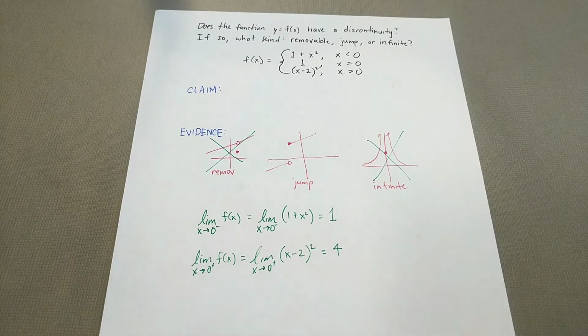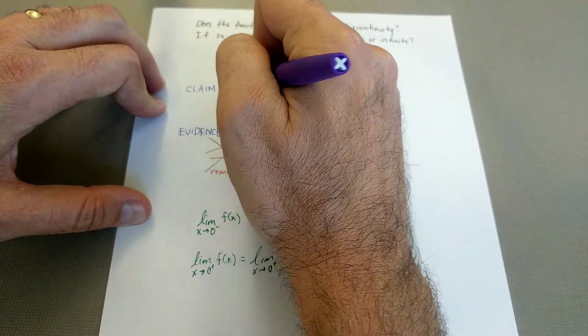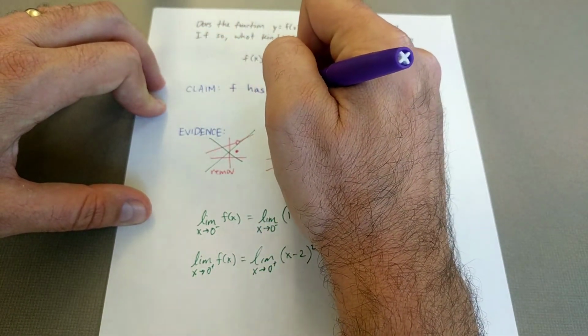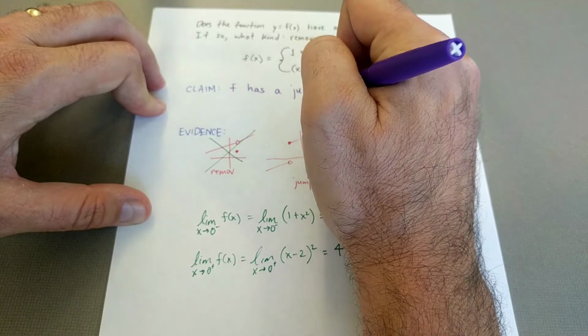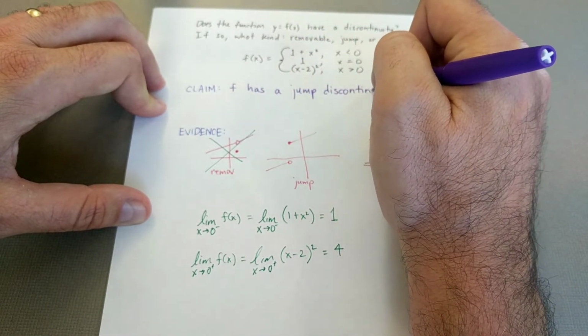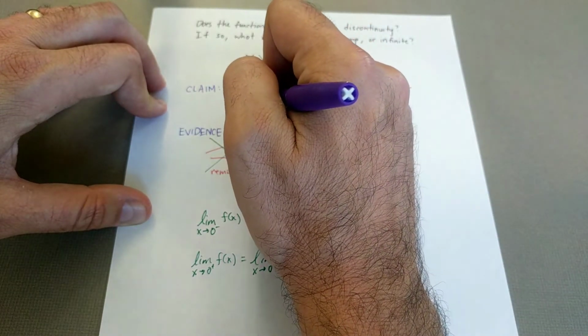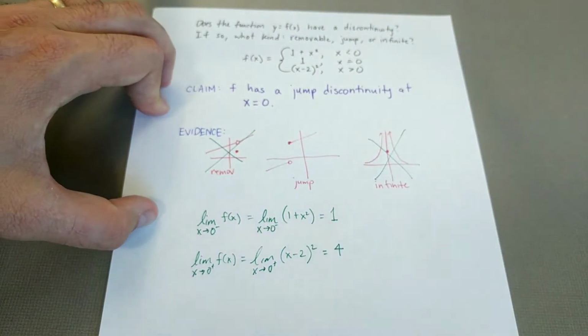So that helps me fill in my claim now. So what is my claim? My claim, does the function have a discontinuity? F has a jump discontinuity at x equals 0. That's my claim.